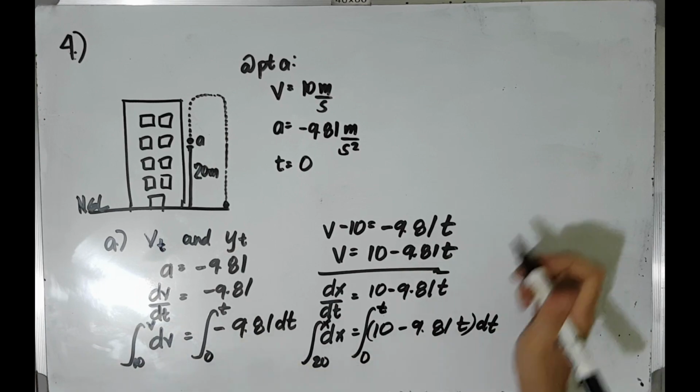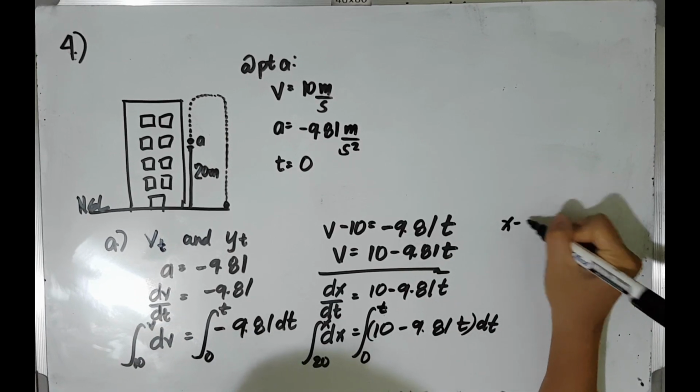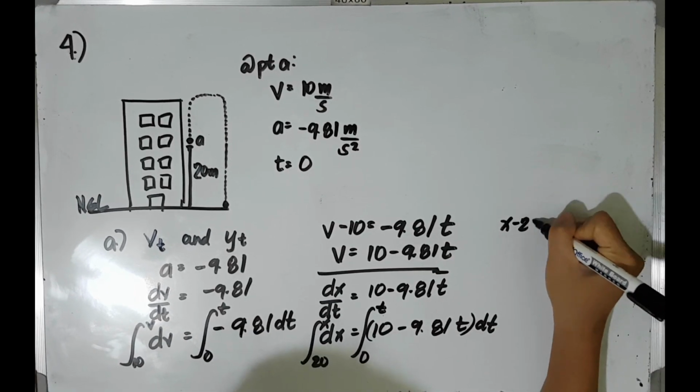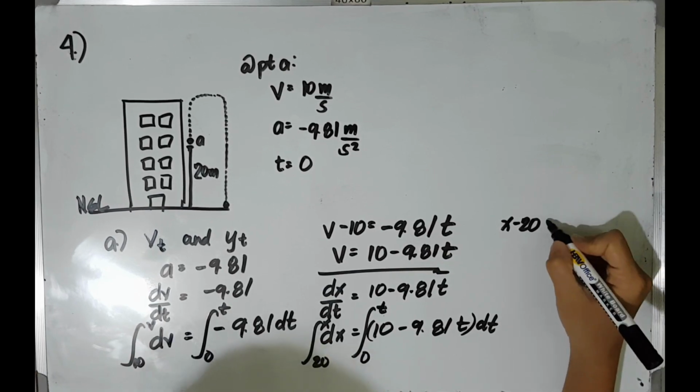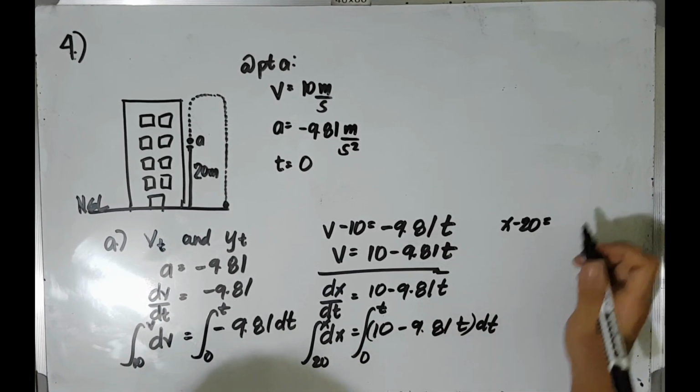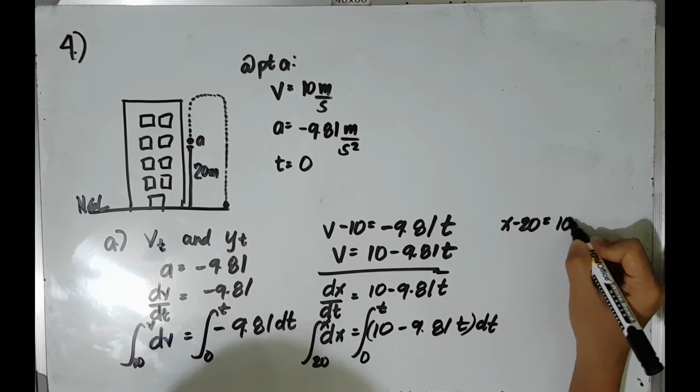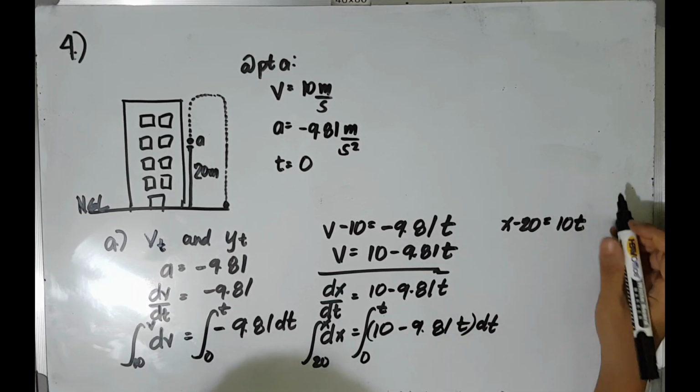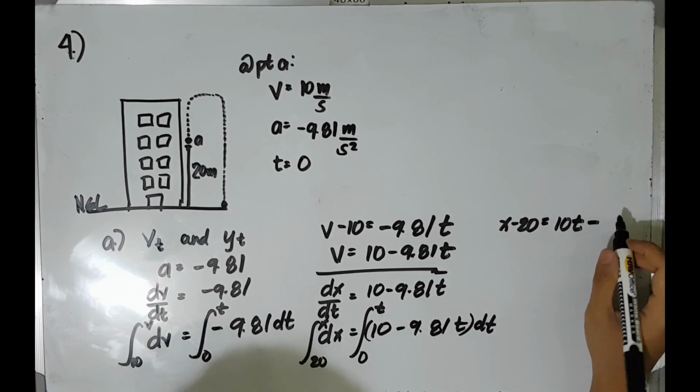It is equal to x minus 20 is equal to 10t minus 9.81 of t squared divided by 2.